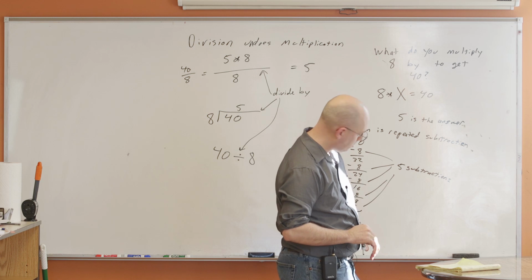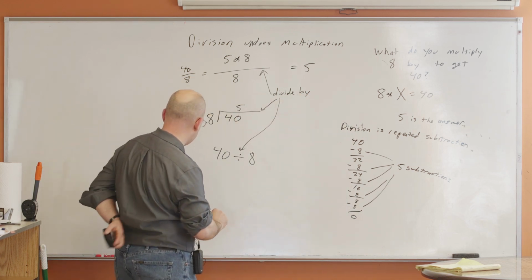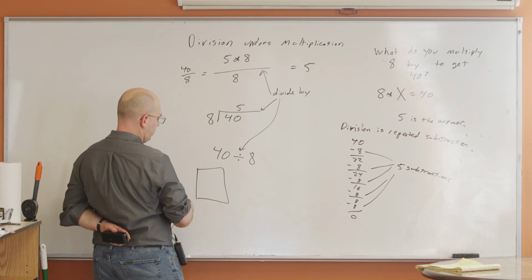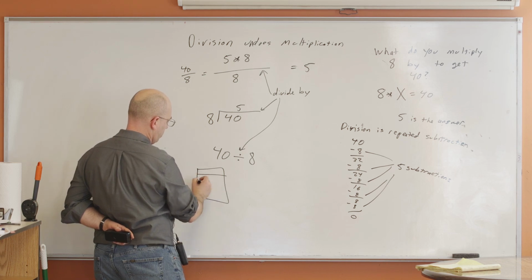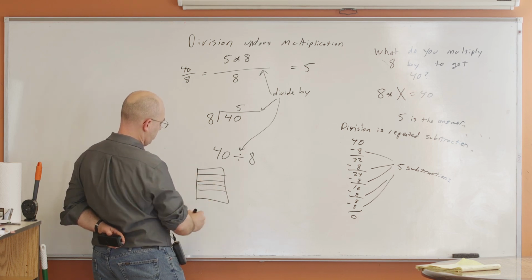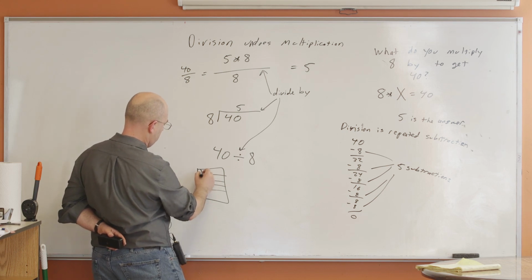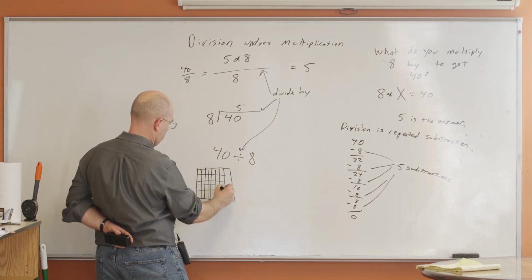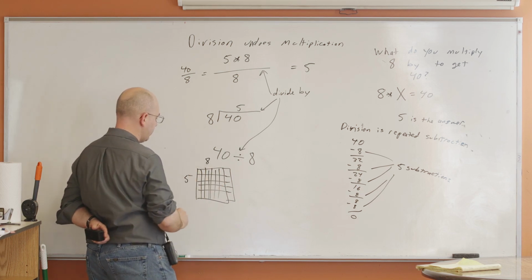All right. There's also yet another way. If you can recall, 1, 2, 3, 4, 5, 6, hopefully that's 8. 8 columns and 5 rows.